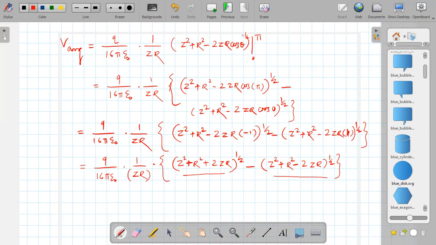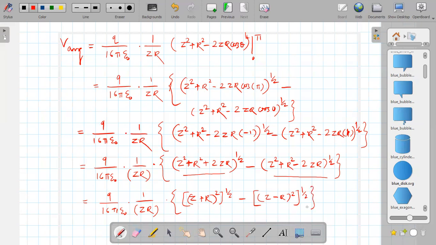From this average potential, upon zr into z plus r bracket square raised to half minus z minus r bracket square raised to half.